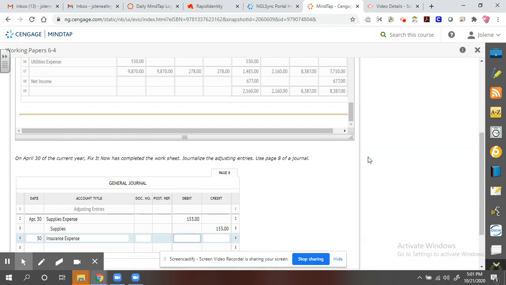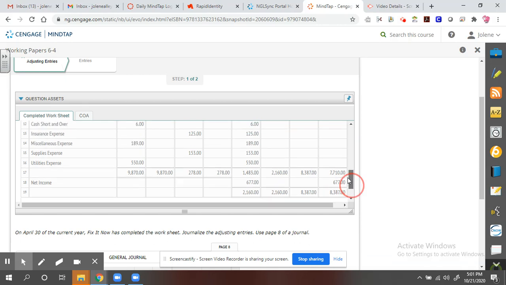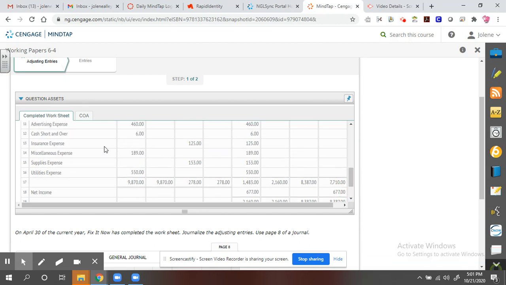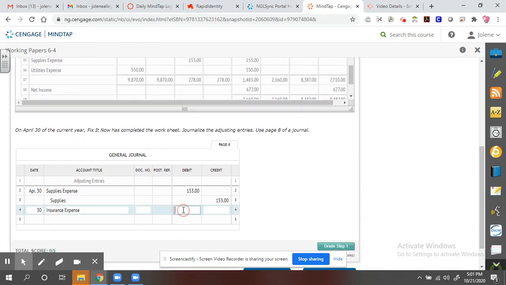We go up here and we find that our debit to insurance expense is 125. And then the account being credited in this case is an asset, but we're reducing it, and it's prepaid insurance.